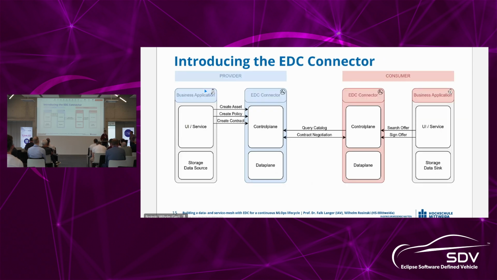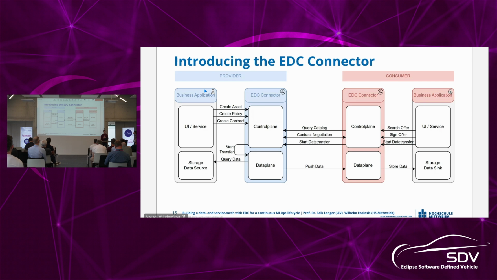So the consumer can see this offer by querying the catalog of the control plane of the EDC connector. And if the contract offer fits for the consumer, he can sign this contract and then the contract negotiation happens. If the contract agreement is set, then the transfer can be started by the consumer.